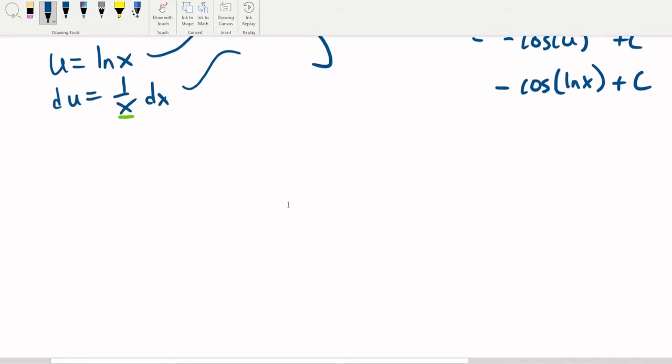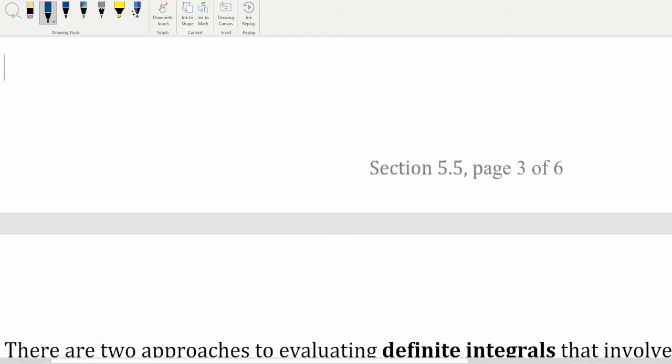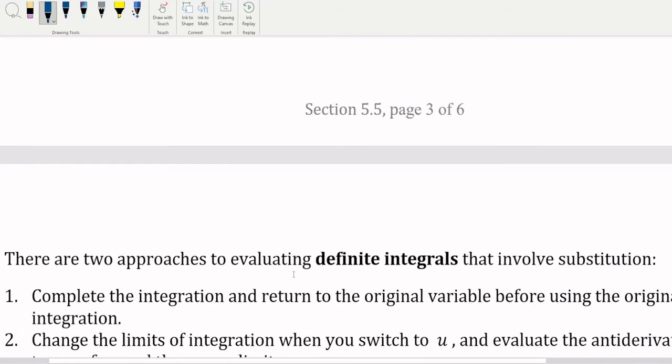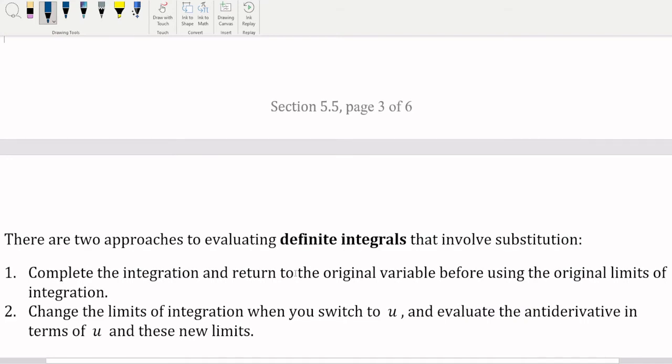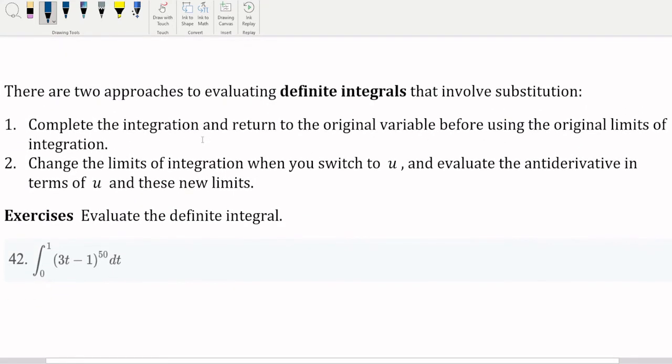Okay, let's keep going. All right, so we have now gotten to talking about definite integrals. Okay, so two methods here. Method 1 is do the integration, and then go back to your original variable, because remember, you're switching into u's.